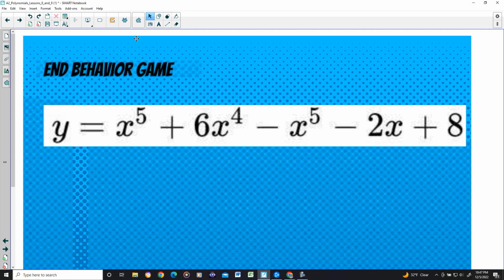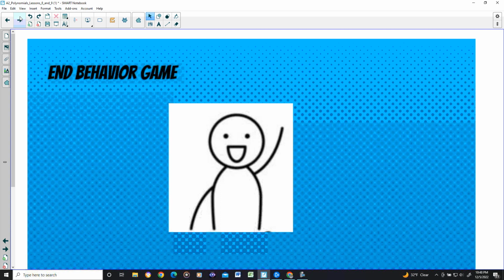But guess what? Look at this. You have an x to the fifth term that crosses out with a minus x to the fifth term. It's odd, so it's an even function. They either go up or go down. Which is it? That's not right.